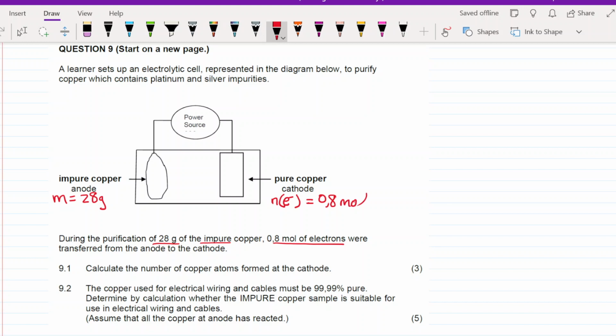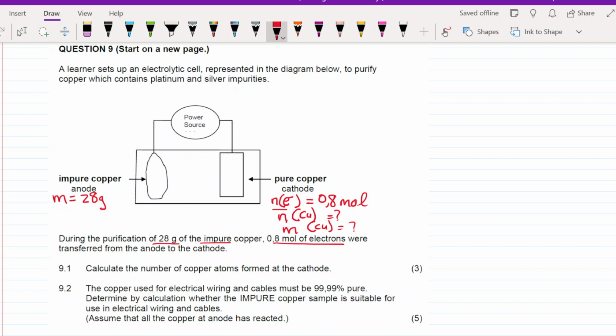These are the number of moles of the electrons, but we don't know the mass. We don't know the number of moles of the pure copper, and we don't know the mass of the pure copper. We just know the number of moles of the electrons. So we need to be careful there.